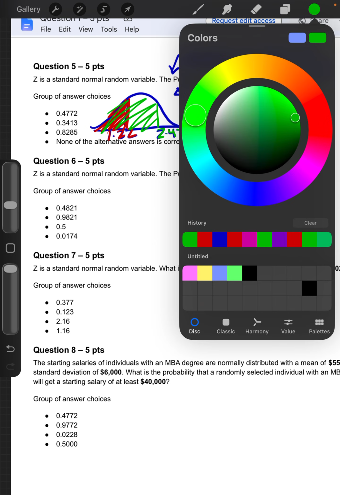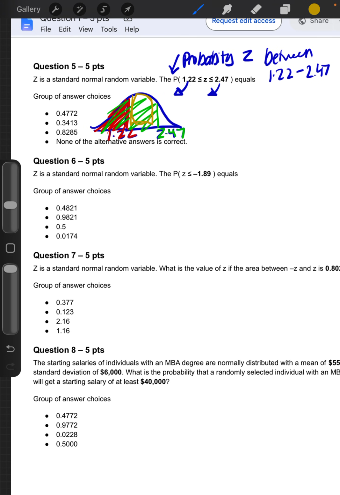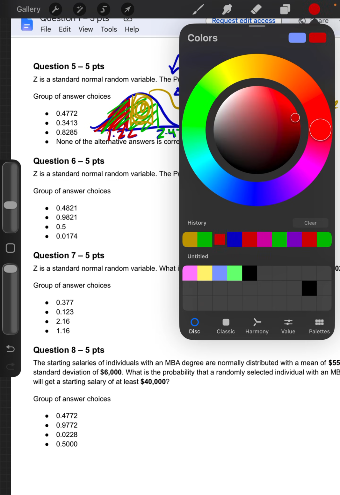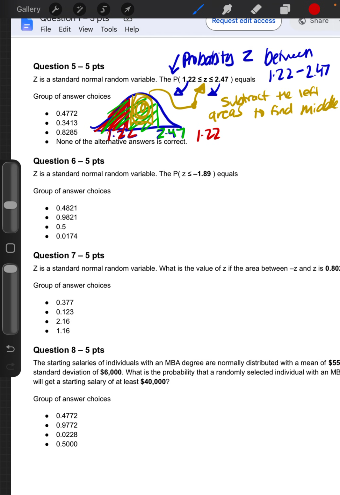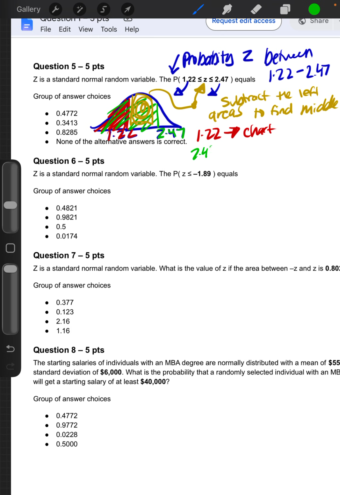And what we want is between. So this whole area is what we're looking for. To get that, we're going to subtract the left areas to find the middle. So for the red one, 1.22, we're going to look at the chart, and then we're going to look at the chart for the other one too.